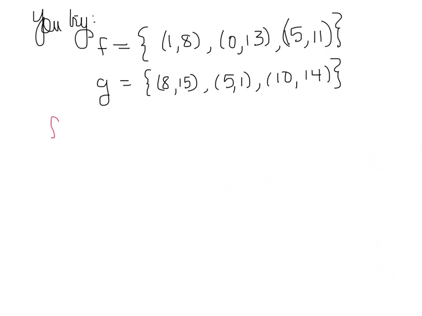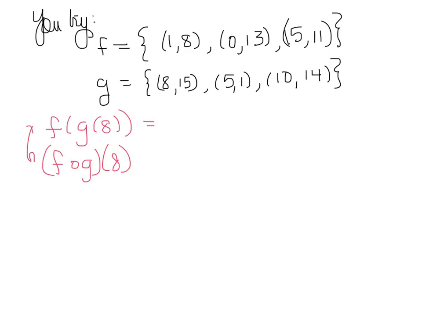Let's see if you could find f of g of, pick a number, let's try 8. That's just another way of writing f composite g of 8. So these two things are identical. I want you to go ahead and figure those out. So pause it and I'll show you how to do it next.